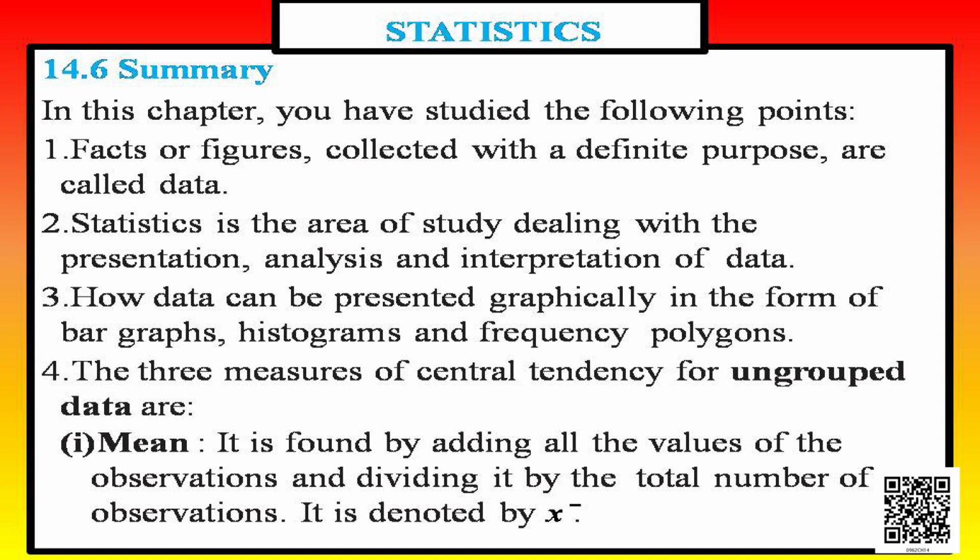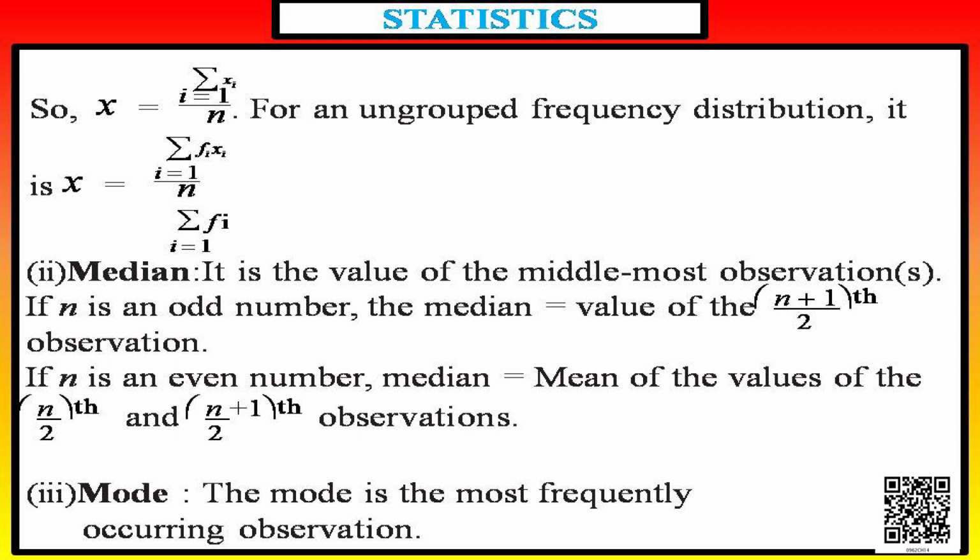Then we learned how data can be presented graphically in the form of bar graphs, histograms and frequency polygons. And at the last, we learned the three measures of central tendency for ungrouped data, and they are mean, median and mode. So, we have gone through all these aspects of statistics, and I hope you all have understood and learned statistics.